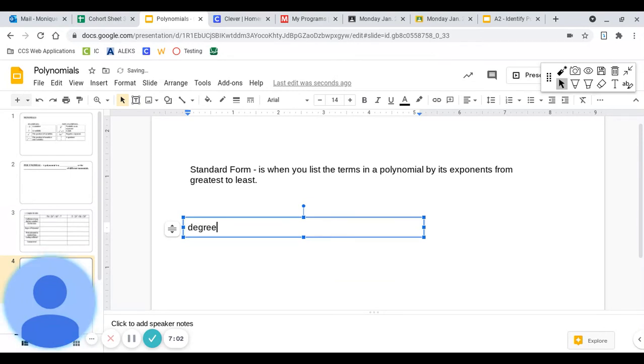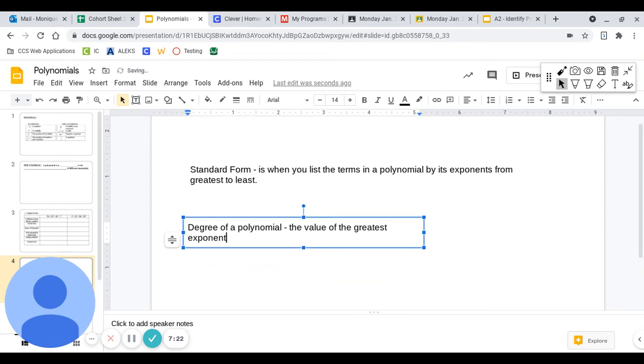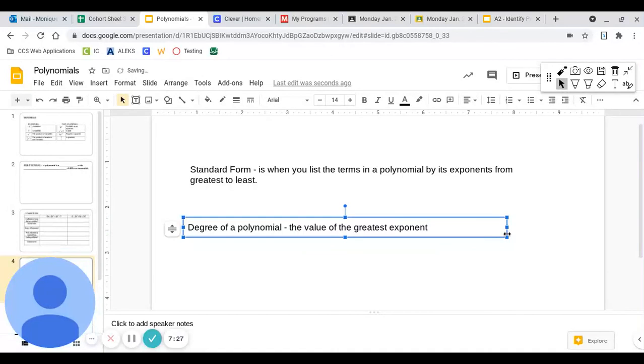So degree of a polynomial is simply the greatest, it's the value of the greatest exponent. That's on the monomial. So in order to find the degree of a polynomial, we're looking for the greatest exponent, and whatever that value is, that's the degree of our polynomial.